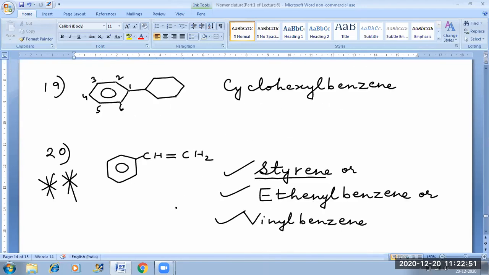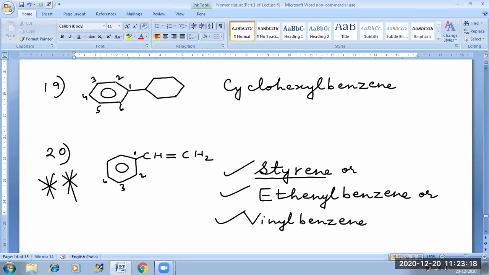20th one. So again, if you see, the benzene has a side chain, the side chain is CH double bond CH2. So this will be 1, the carbon containing the side chain, and so on.